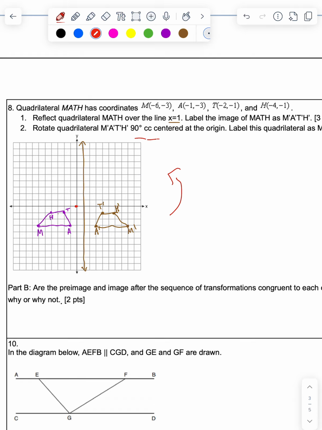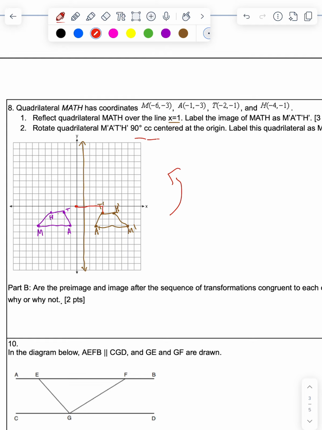So that way you have an idea, okay, it's going into the box it needs to go into, it turned the way it's supposed to, and then you can just figure out if the distances are correct. Remember, when we do rotation, the pre-image points and the image points have to be the same distance from the center. So right now T is 1, 2, 3, 4 to the right and 1 down from the center.